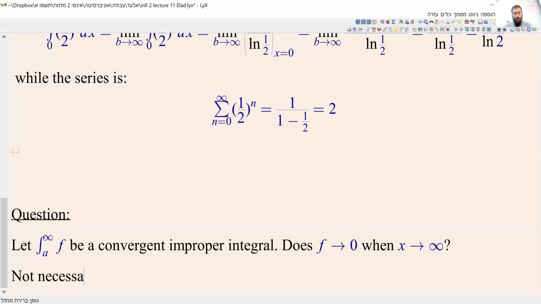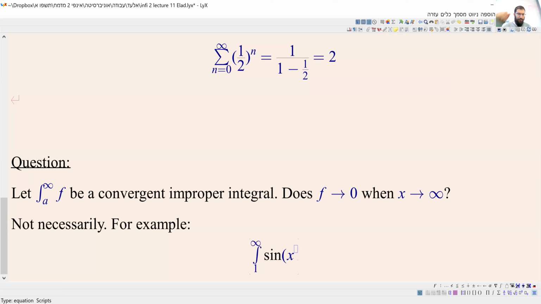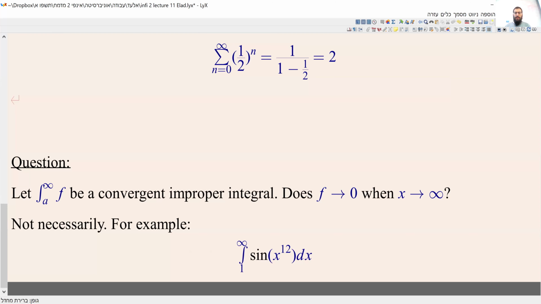For example, a number you like? Well, first of all, the function sine of x to the power 12 does not tend to zero when x goes to infinity.